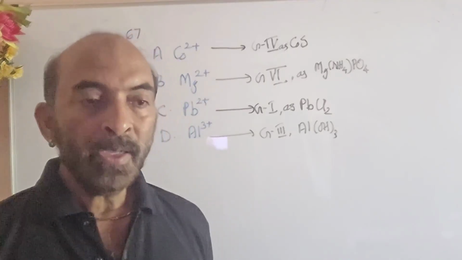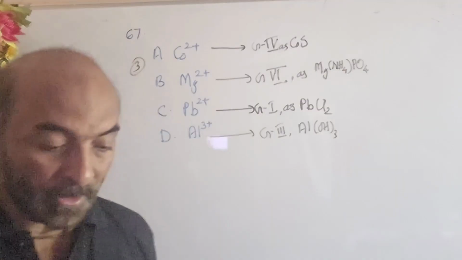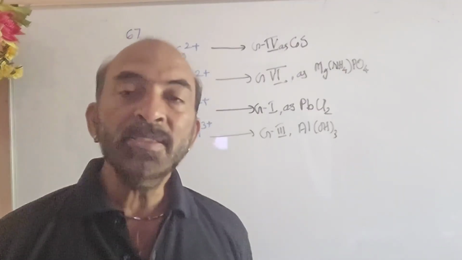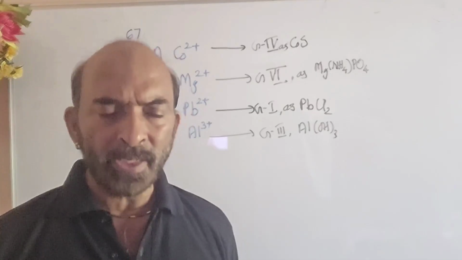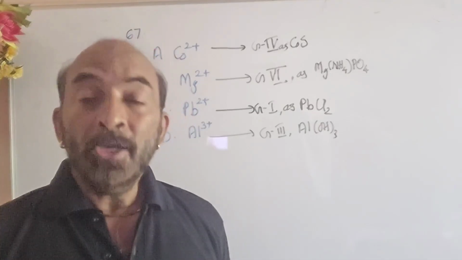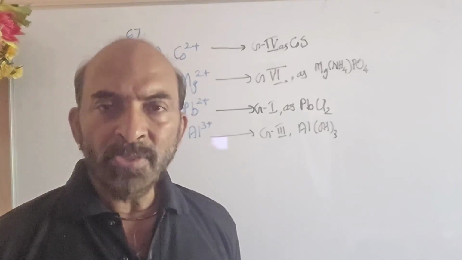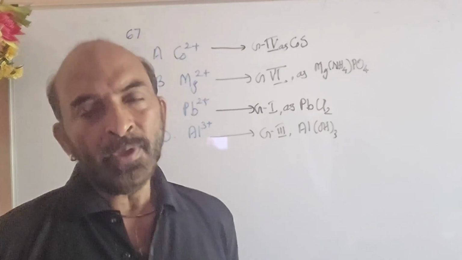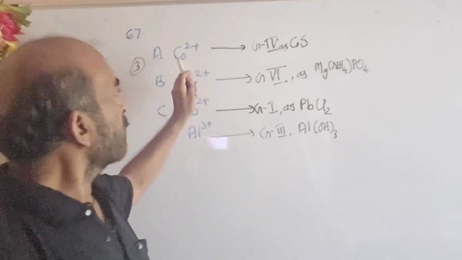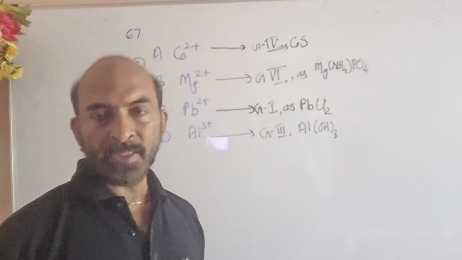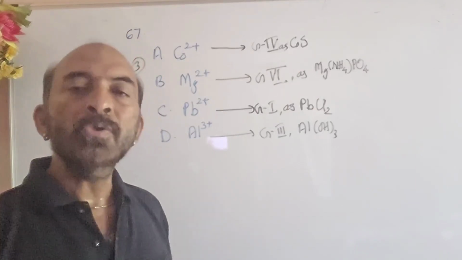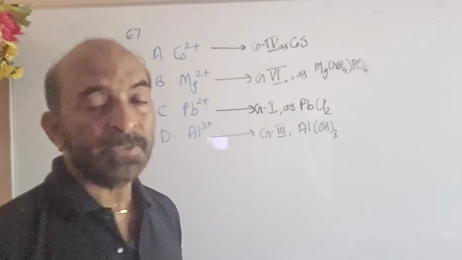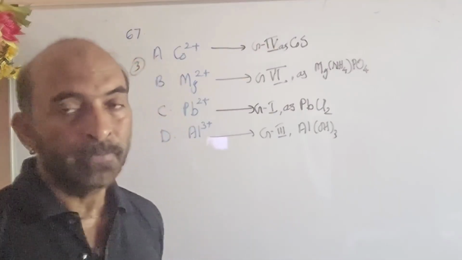I repeat, H2S, being a weak acid, in a weak basic medium tends to ionize more, producing somewhat more sulfide ion, and so cobalt gets precipitated as black cobalt sulfide there. So cobalt sulfide is precipitated in the fourth group.